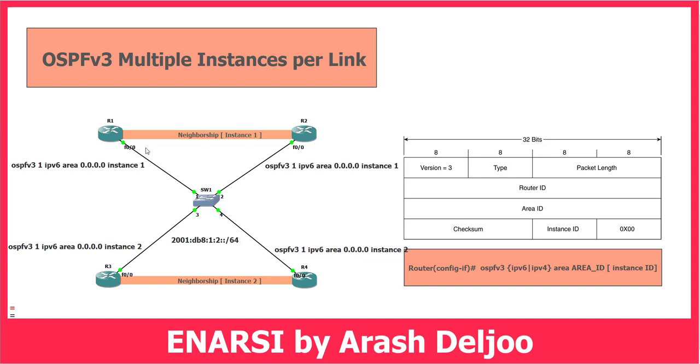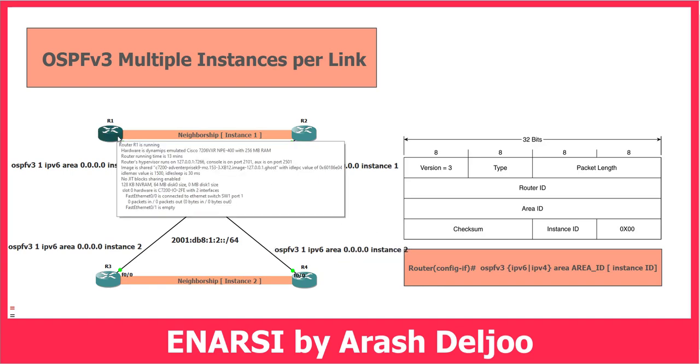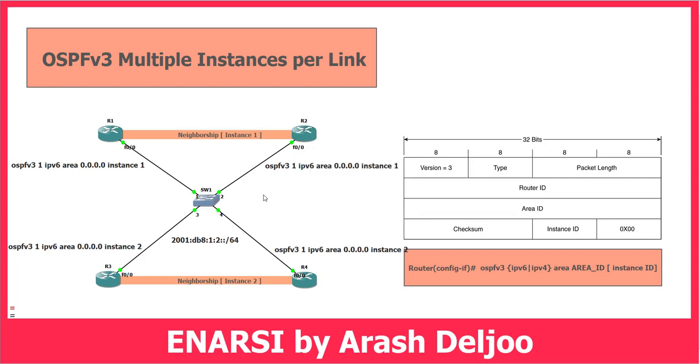After that, when R1 sends its hello, and R2, R3 and R4 also send their hellos, on the hellos of each router we will have the instance ID. Only routers that send hello with the same instance ID establish neighborship with each other. Actually, we can say that one of the neighborship conditions is the same instance ID.